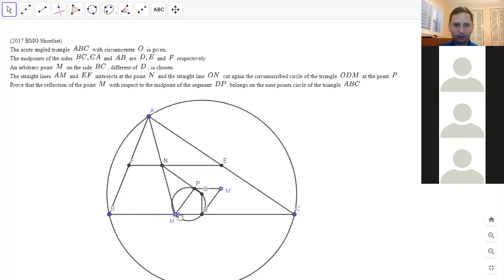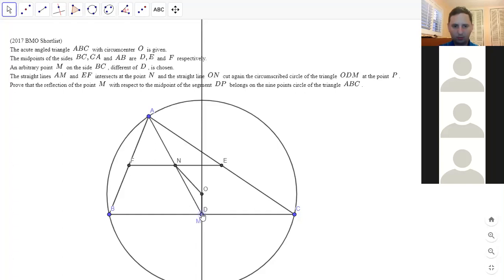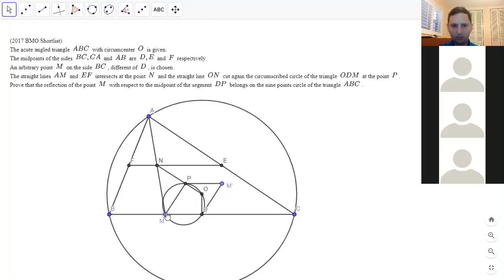Yeah, let's see. How do we want to do this? Actually, the diagram is okay, I think. Okay. I don't want to make it look like EM prime is perpendicular, but I think we can.